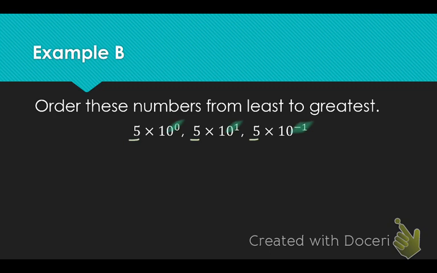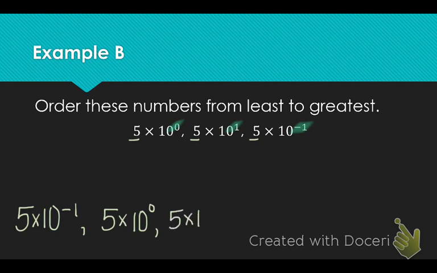Negative 1 is the least, so I would put 5 times 10 to the negative 1 as my least. 0 is in between negative 1 and positive 1, so it would go 5 times 10 to the 0. And then 5 times 10 to the first is the greatest.